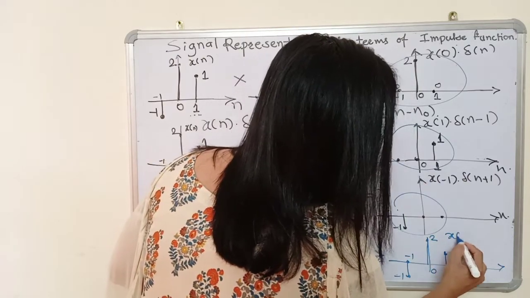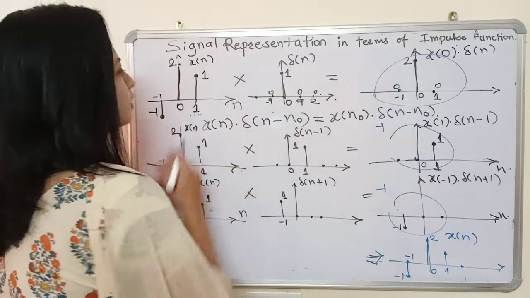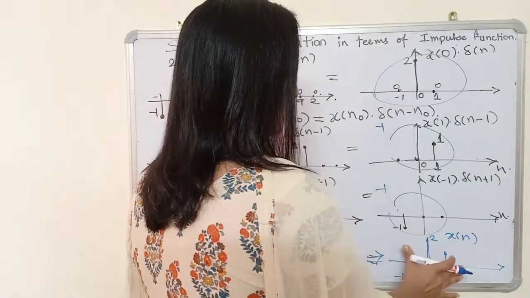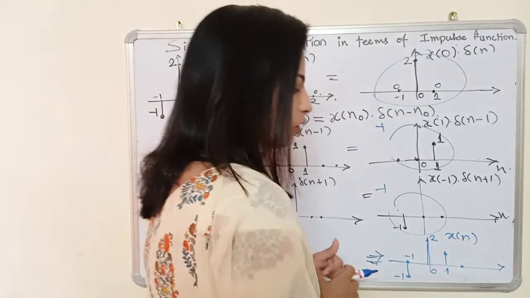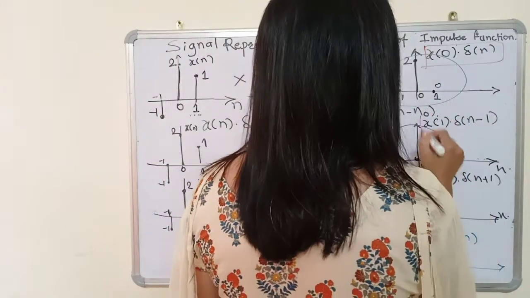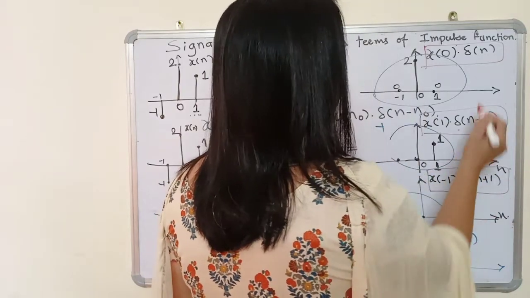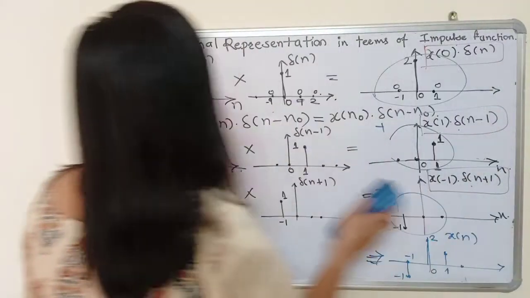So this is the signal x of n. This is the original signal what we have already with us, and this is obtained by adding the individual samples. So this is how we got to write these individual samples in terms of del of n and its shifted versions.